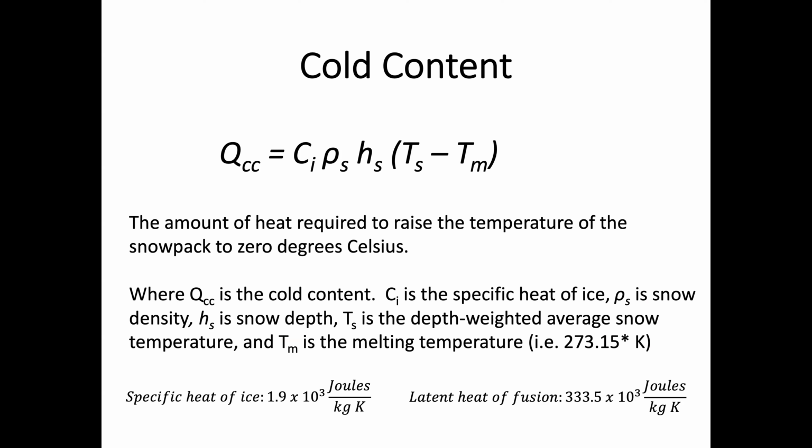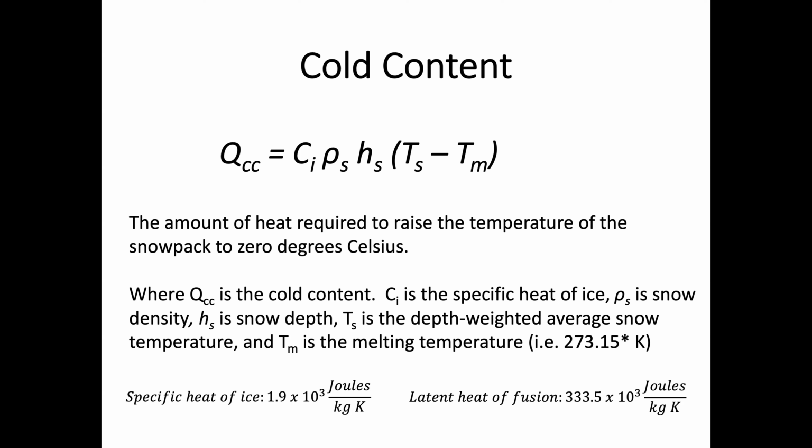You'll remember from the first lecture that density times depth gives you the snow water equivalent, or SWE, the next two terms. If the snowpack is shallower or less dense, there is less ice, and thus it takes less energy to warm it to melting temperature. The final two terms in the equation are the temperature of the snowpack and the melting temperature of the snowpack, which is 273.15 Kelvin, or 0 degrees Celsius.